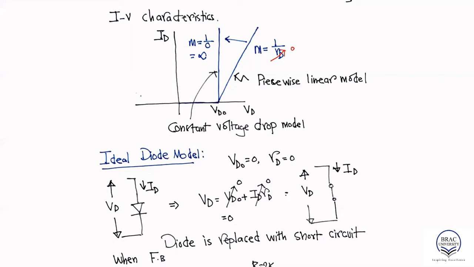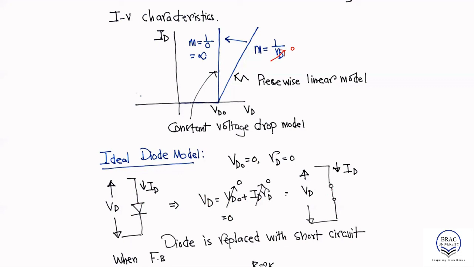Then we can also go for another model where we ignore the voltage drop across the diode, which means we set VD naught equal to 0. We also already set RD equal to 0. From our piecewise linear equation, VD is equal to VD naught plus ID RD, and if we set both of them to 0, we get VD is equal to 0.